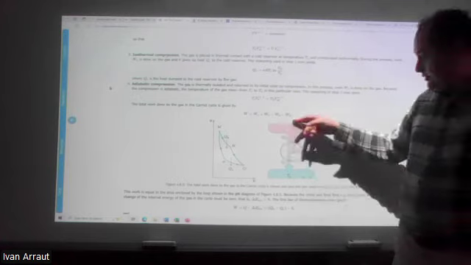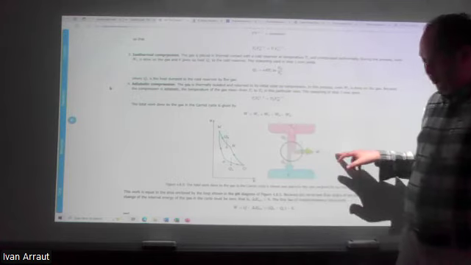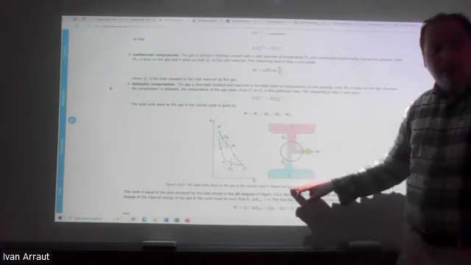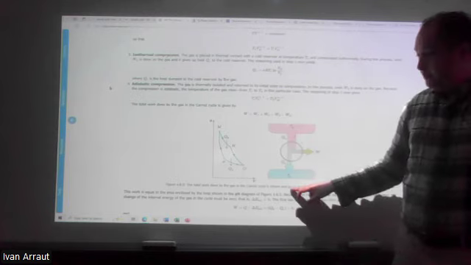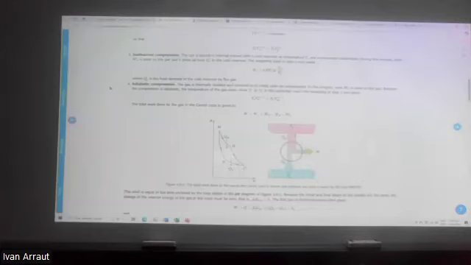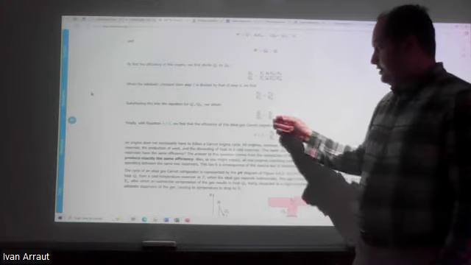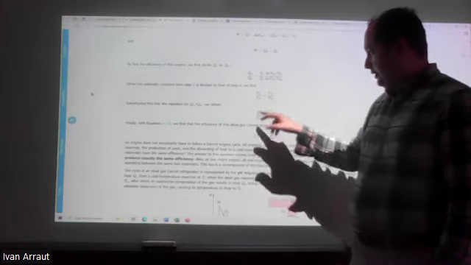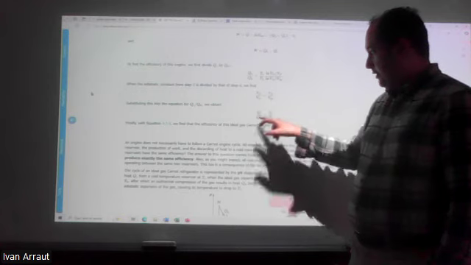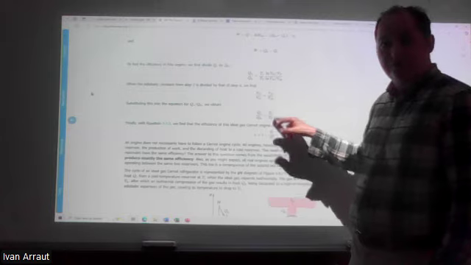So this is what we have seen. Heat enters, goes outward, and heat has to be thrown away. Otherwise, there is no cycle. And this cycle has an efficiency somebody calculated for us. In this kind of cycle, the ratio between the heat of the cold part and the hot part is equal to the ratio of the temperatures.